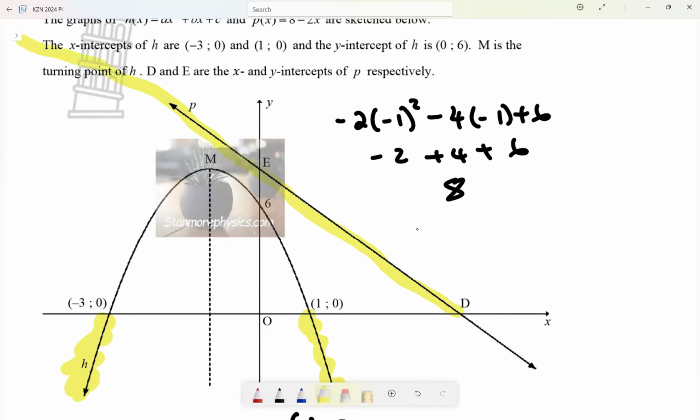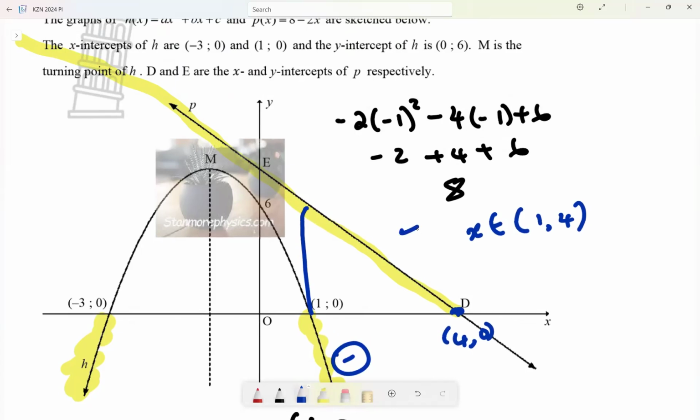We said from this point up to D, x is an element between 1 and 4, because remember the coordinate of D is 4 and 0. This one is negative, this one is positive. But can you see from here, this one is positive, this one is negative? So it means this one is also an intersection.